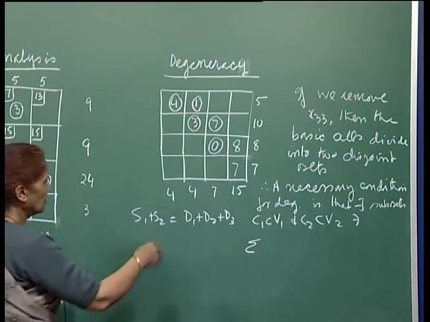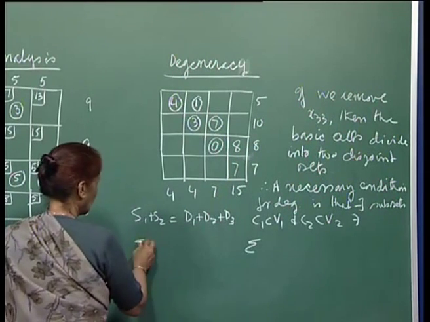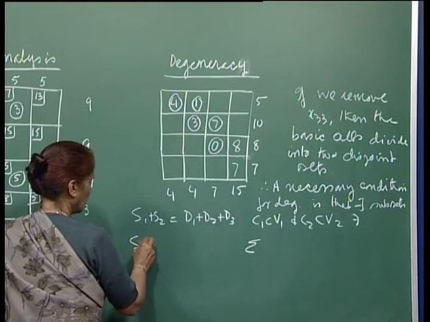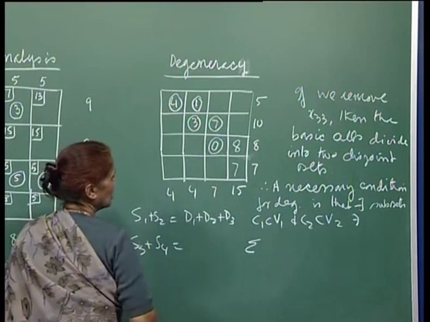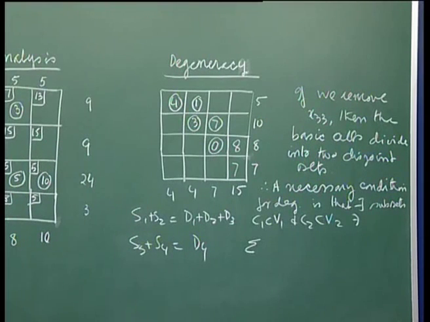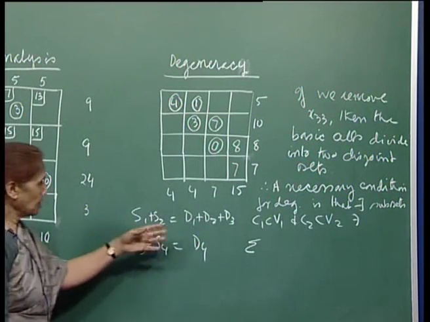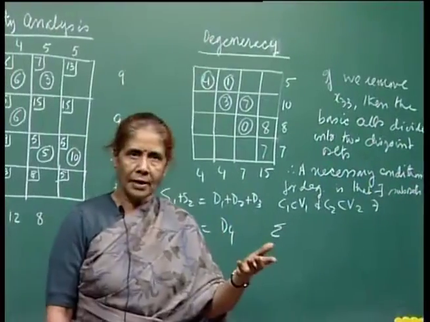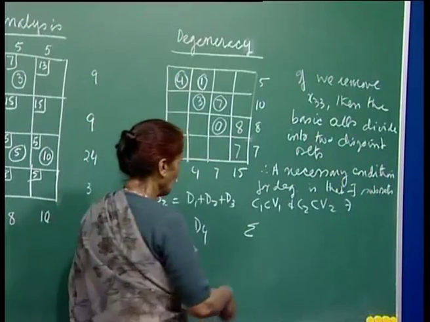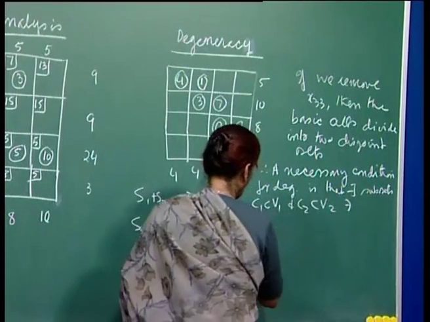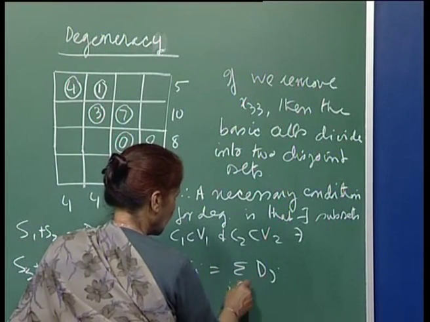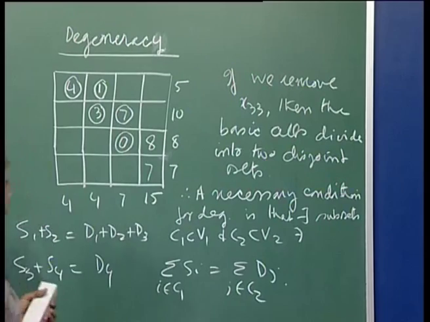Or also you can say from here that S3 plus S4 is equal to D4. So either way, when it breaks up into two disjoint sets, obviously, because all the SIs have to add up to DJs, once you have this, then you will have also this. Therefore, sigma SI, i belonging to C1, is equal to summation DJ, j belonging to C2. So you will always be able to find this.